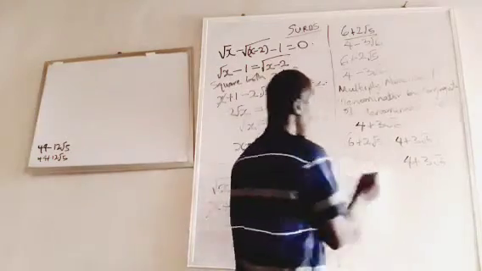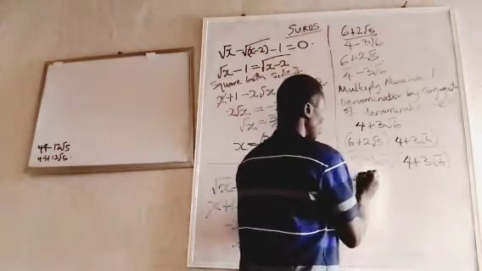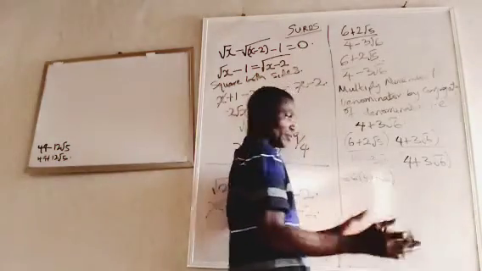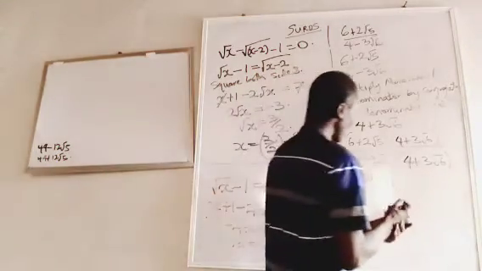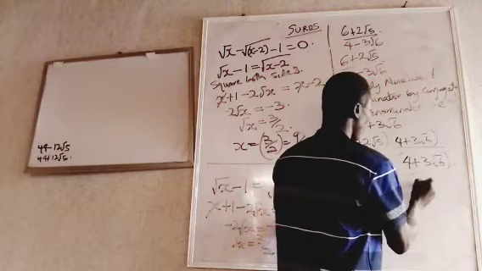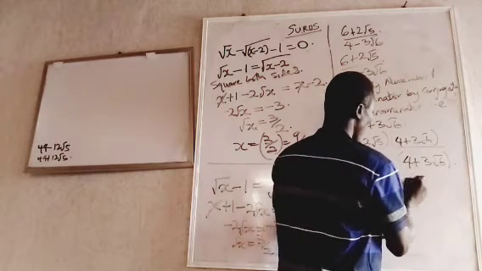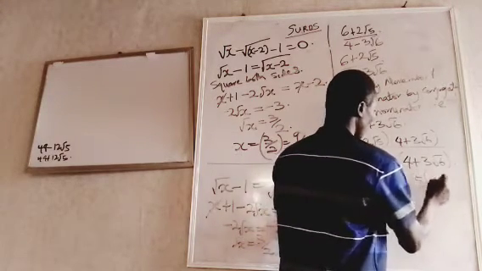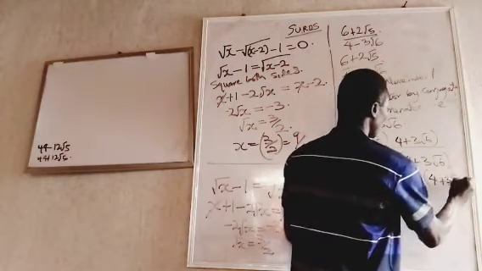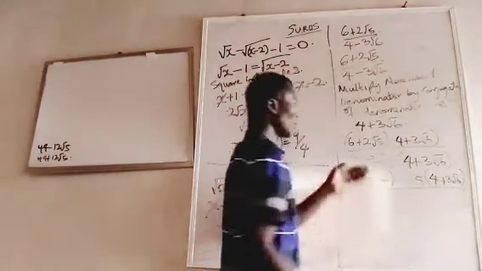So you can say 6 into 4 plus 3 root 6, depending on the time available at your disposal, plus 2 root 5 into 4 plus 3 root 6. We know what this one will be already.